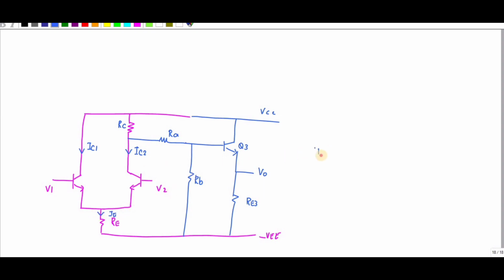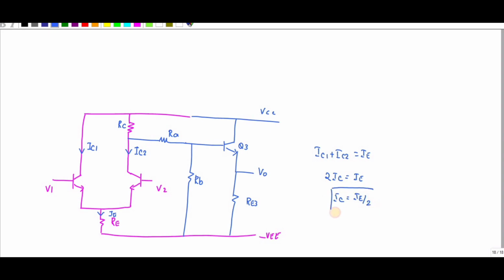So I can write IC1 plus IC2 is equal to IE. If both currents are the same, I can write 2IC is equal to IE, and IC is equal to IE by 2.